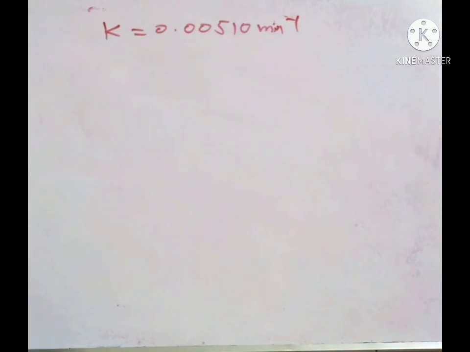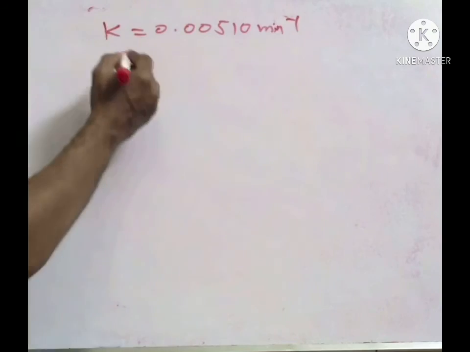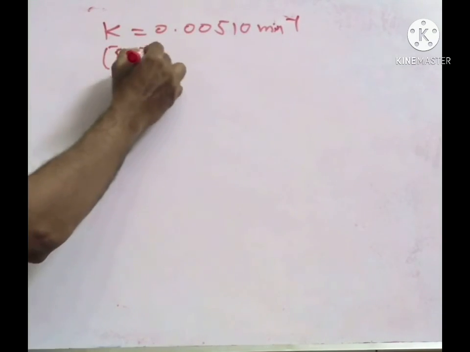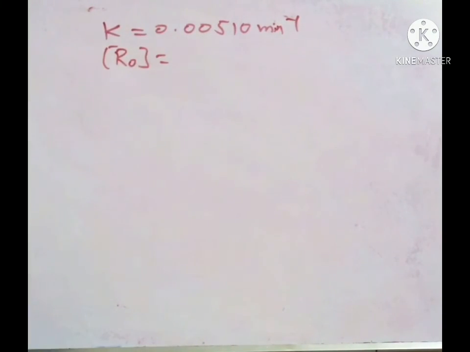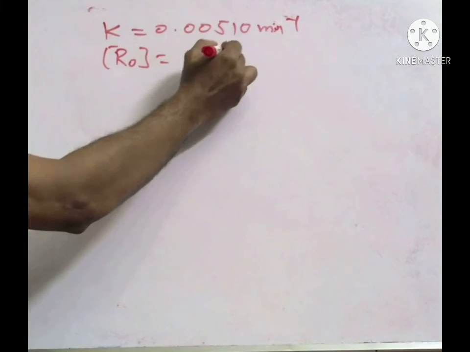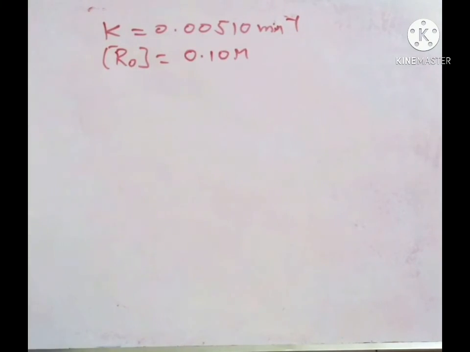So a first order reaction has a rate constant value of 0.00510 minute inverse. If we begin with 0.10 molar concentration of the reactant, so reactant initial concentration was given, that is 0.1 molar. How much of reactant will remain after 3 hours?